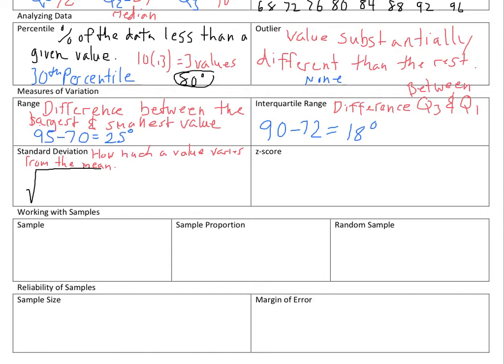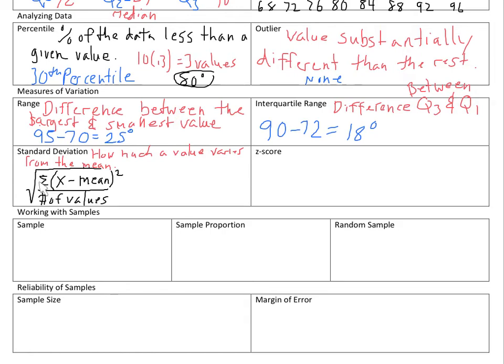What you do to find the standard deviation is you take the summation, and that's this little sign, sigma, of each individual term, minus the mean, and square it. And then I divide by the number of values I have.